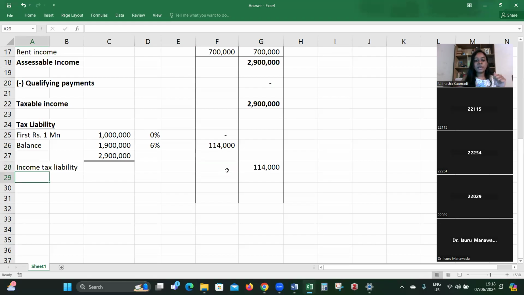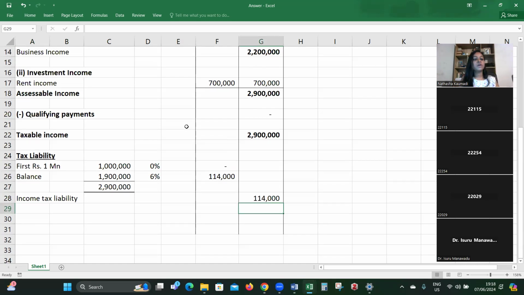Right, so this is how you calculate the partnership taxation. You took all the sources, you took the assessable income, you deducted qualifying payments, if any, you took the taxable income, and then using these two ratios, you calculate the income tax liability for the partnership, 114,000. Do you get the same answer? Can you please confirm? Do you get 114,000?